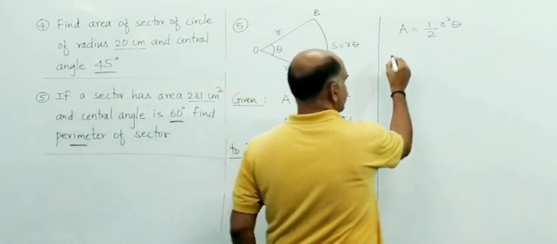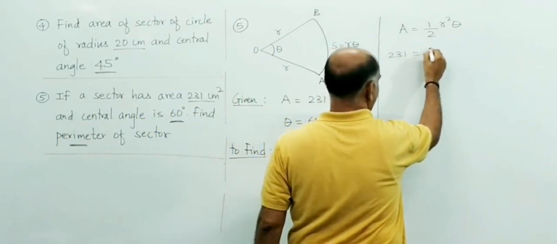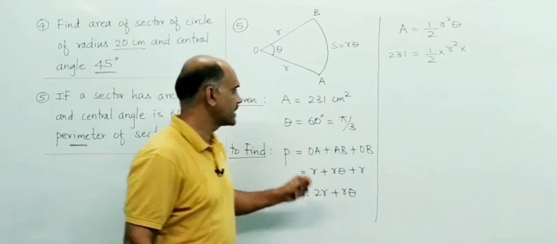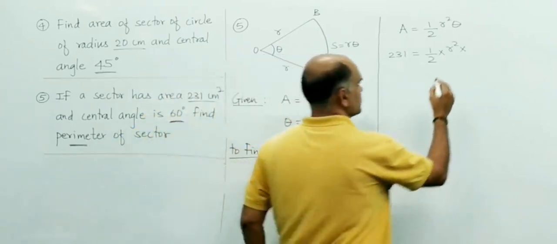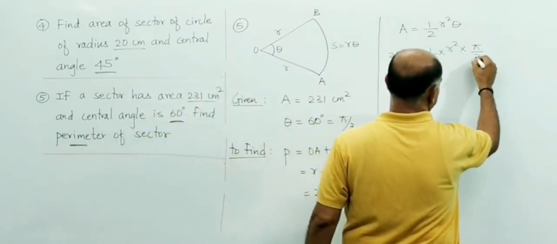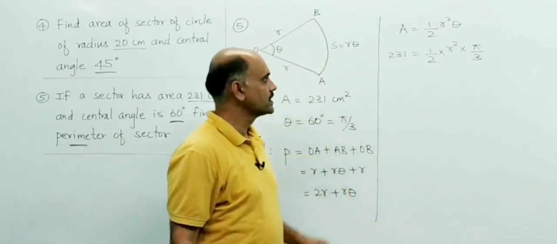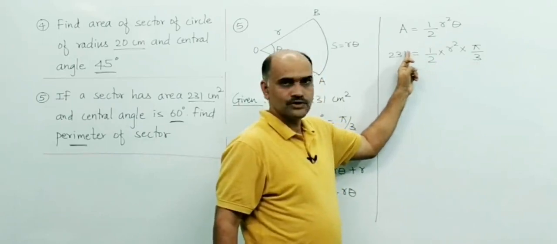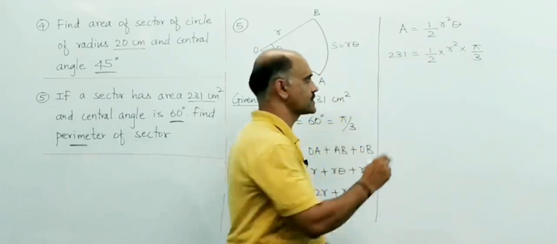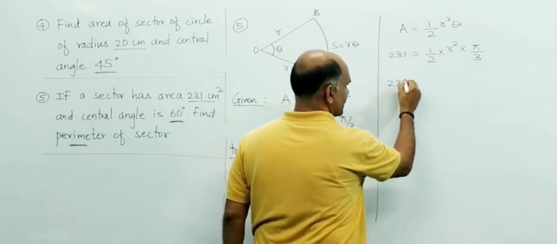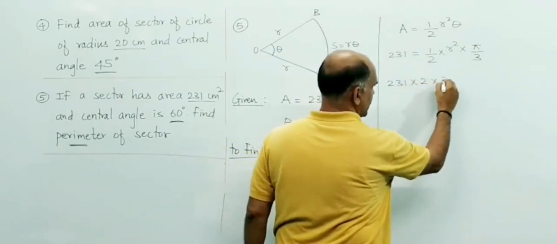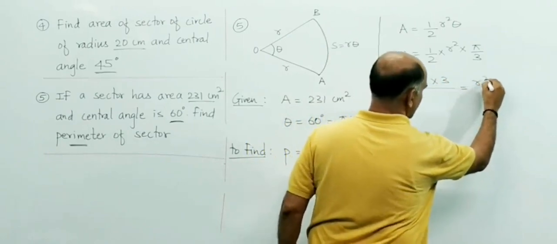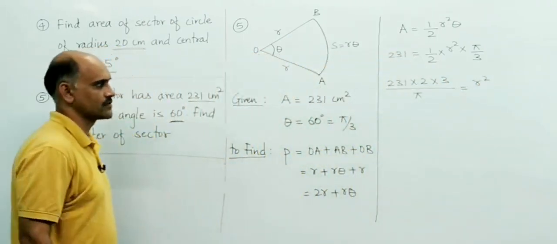So area is 231, half R square, and theta is pi by 3. Now this 2 and 3 I will take to the numerator and pi to the denominator. So 231 into 2 into 3 divided by pi is equal to r square.